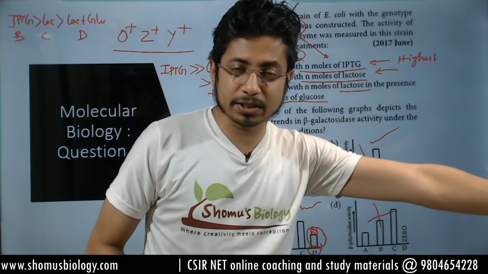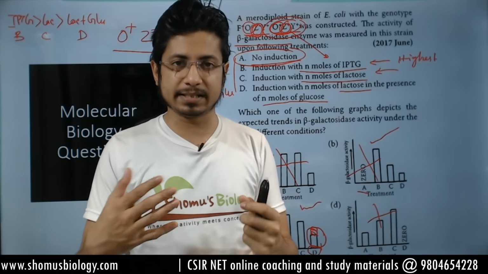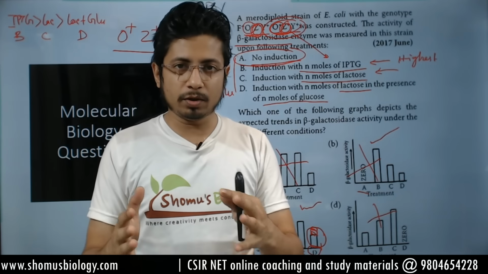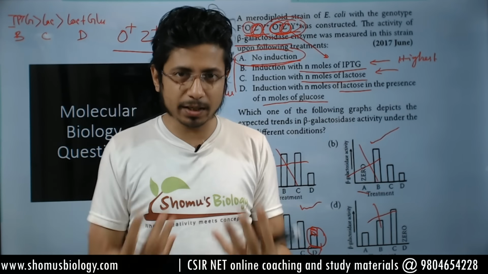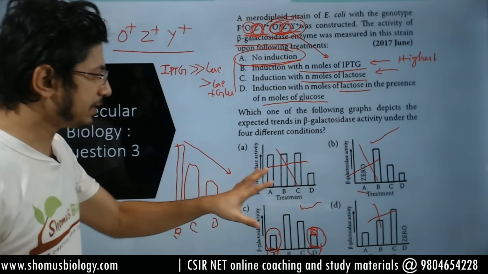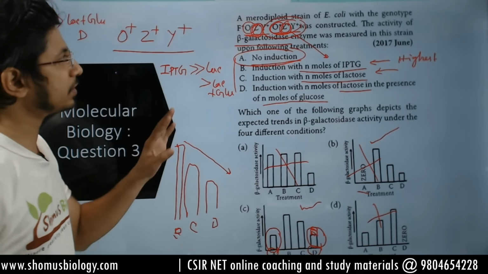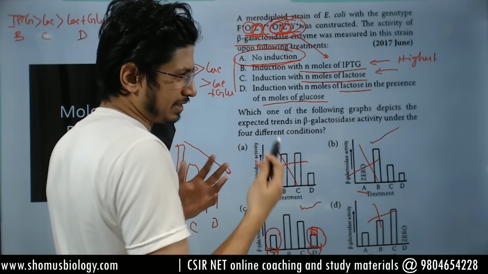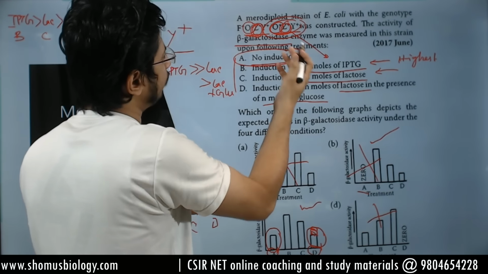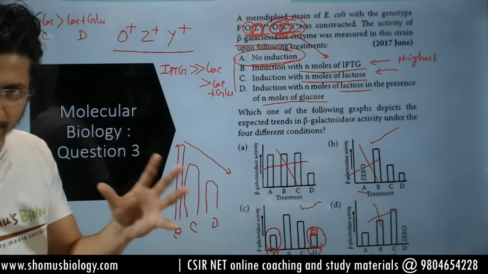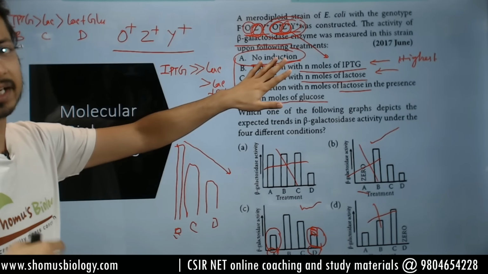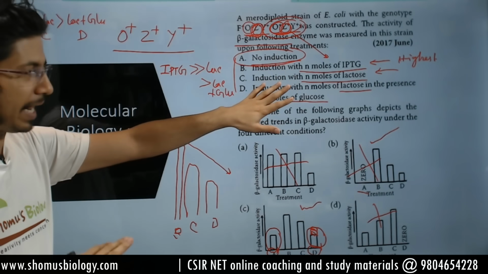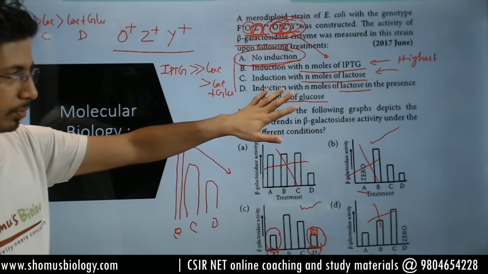This is the type of question that you are going to see in the CSIR NET part C. Don't be afraid of part C questions, because the questions are made complicated and different images are presented. For example, this merodiploid thing is not necessarily important here. They can tell you that this is a lac operon and the induction of lac operon either is not done, or is done by IPTG, by lactose, or by glucose and lactose together.